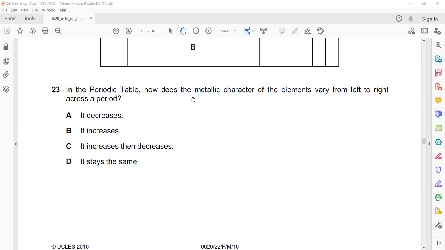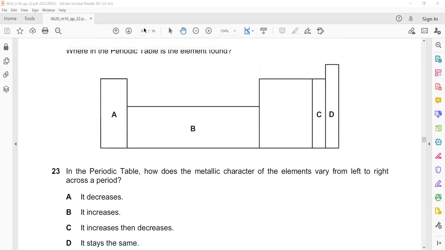In a periodic table, how does the metallic character of an element vary from left to right? When you check the metallic character, you will find most of the metals on the left hand side and the non-metals on the right hand side. So when you move from left to right, what happens to metallic character?